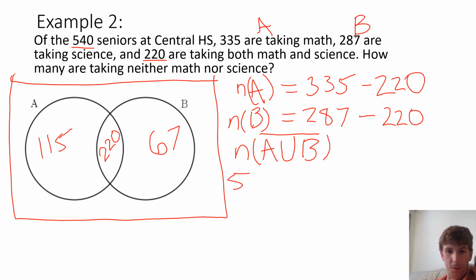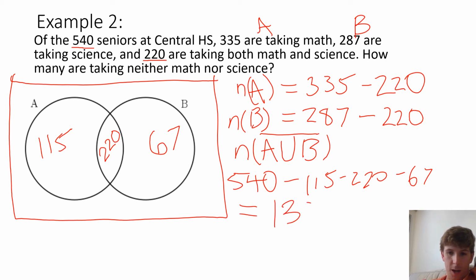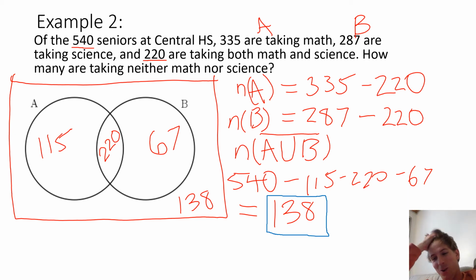So it would be 540, subtracting out that entire Venn diagram, the 115, the 220, the 67, and you would get 138. That would be the section outside the Venn diagram, and that would be the number of students taking neither math nor science. I don't know what they're taking, but at this school, they are not taking math or science.